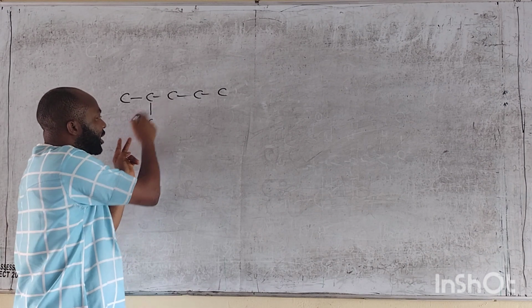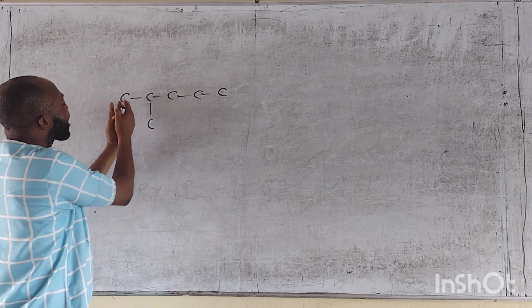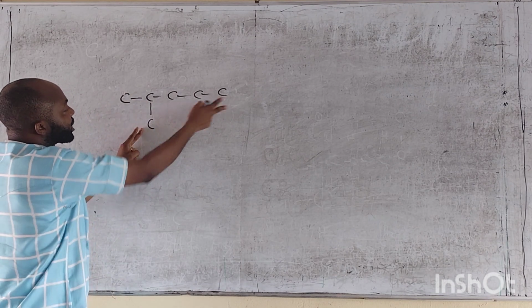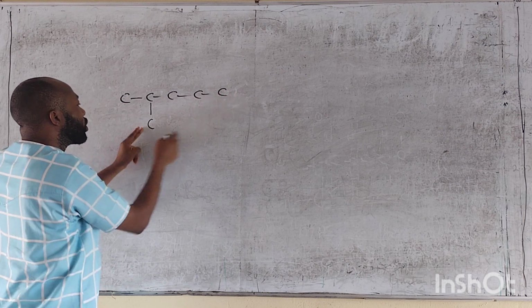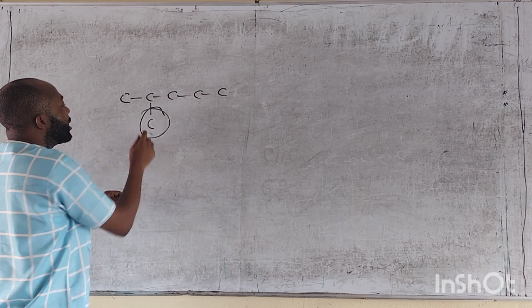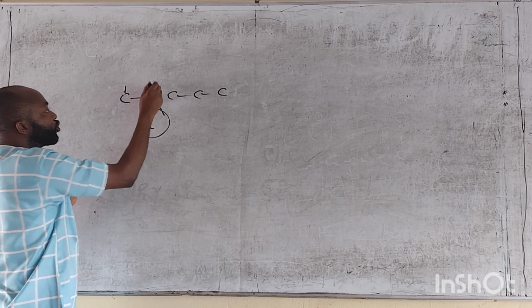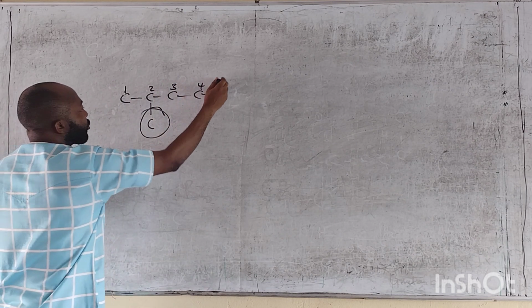This is my substituent here. Which side is nearer to this or this? If I want to count from here, this is 1, 2. If I count this side, it's 1, 2, 3, 4. So this substituent here is nearer to this side. So my numbering becomes 1, 2, 3, 4, 5.